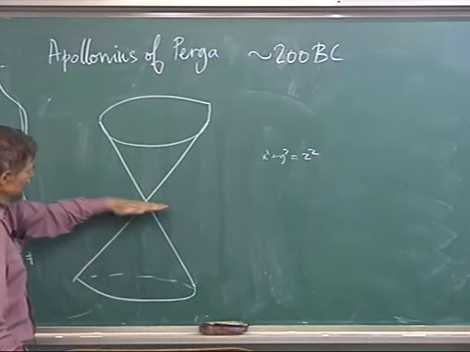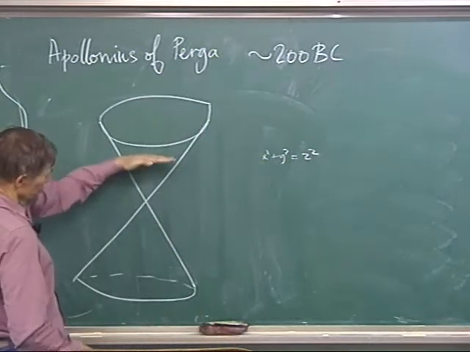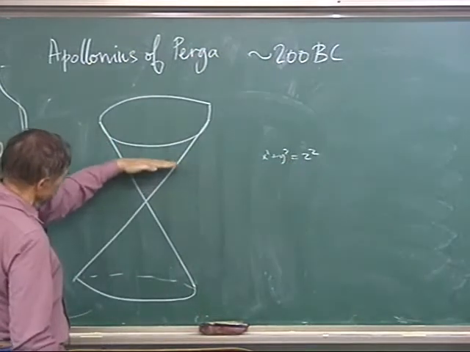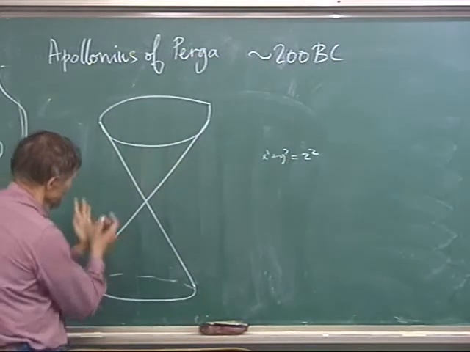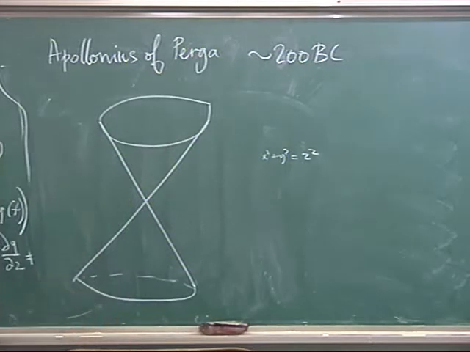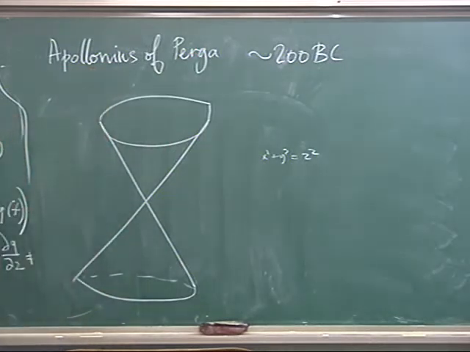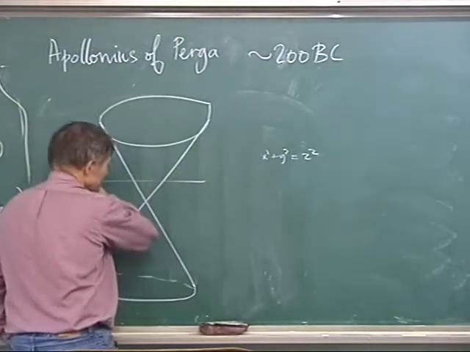Then at each level of z, I've just got an ordinary circle: x squared plus y squared equals some positive constant. So at each level here, I've got a circle. This is just the cone over a circle. And what he said is, let's take this picture and cut it by a plane. So I cut it by a plane that looks like this.